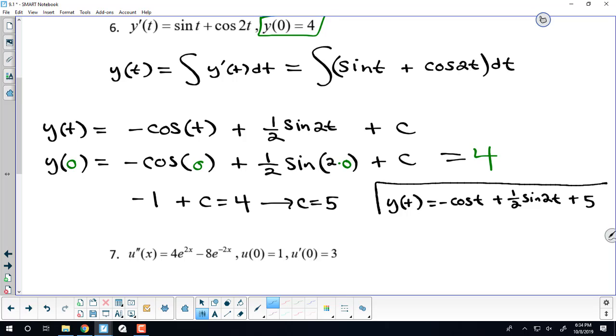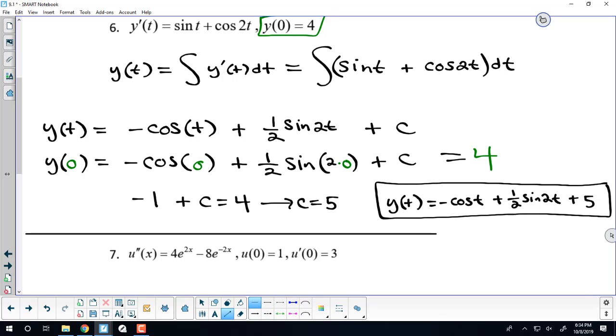As the specific solution, negative cosine t plus sine 2t over 2 plus 5. Okay. Does anyone have any questions on that? I hope that's nothing outside of what you've seen before.